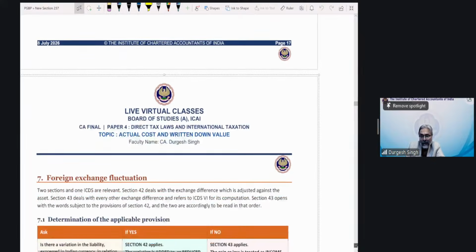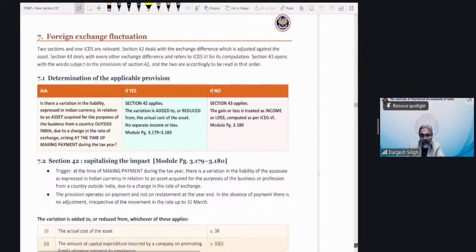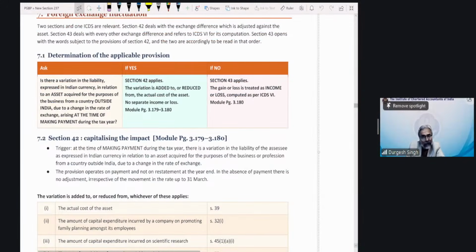First, you need to decide whether the foreign exchange fluctuation difference is covered under section 42. If you say yes, then it goes to capitalizing the block. If you say no, it is not covered, only then you go to section 43, read with ICDS 6.